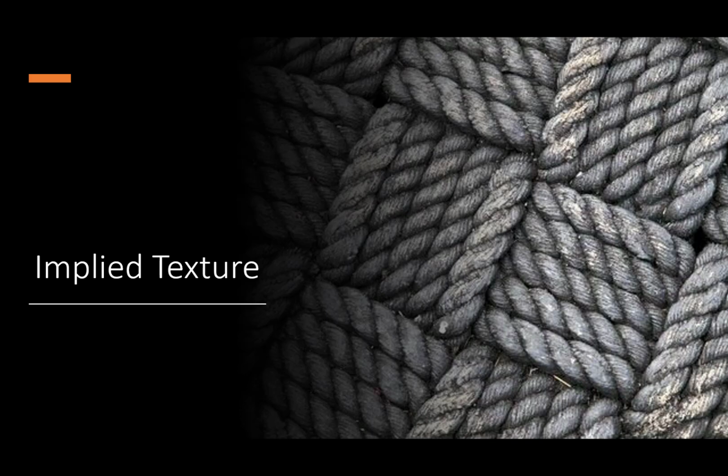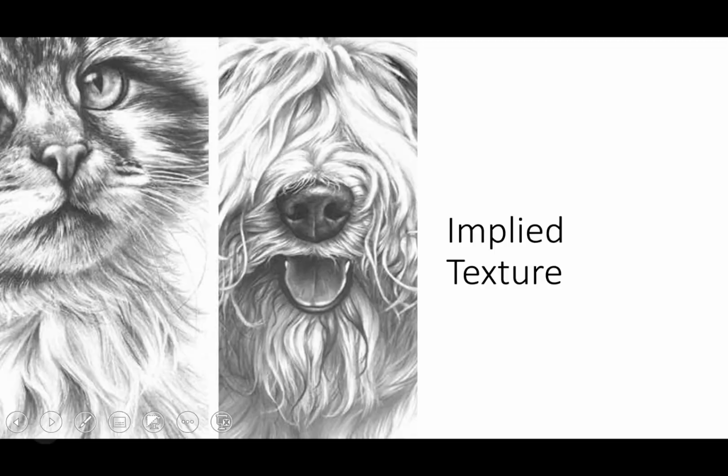You automatically have expectations in your head of rope being rough, twisted, knotted, coarse, maybe little pieces of the rope coming off. And that's from experience, and that's going to give a sense of how I view this art. If I had no experience with the texture of rope and it wasn't an actual three-dimensional object that I could touch to feel it, then the implied texture may not be as effective. So implied texture also has an expectation that you've experienced that texture before.